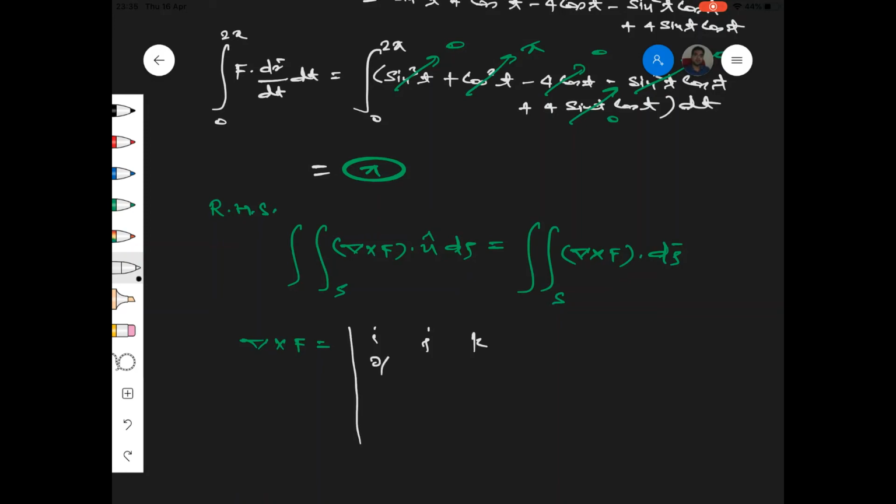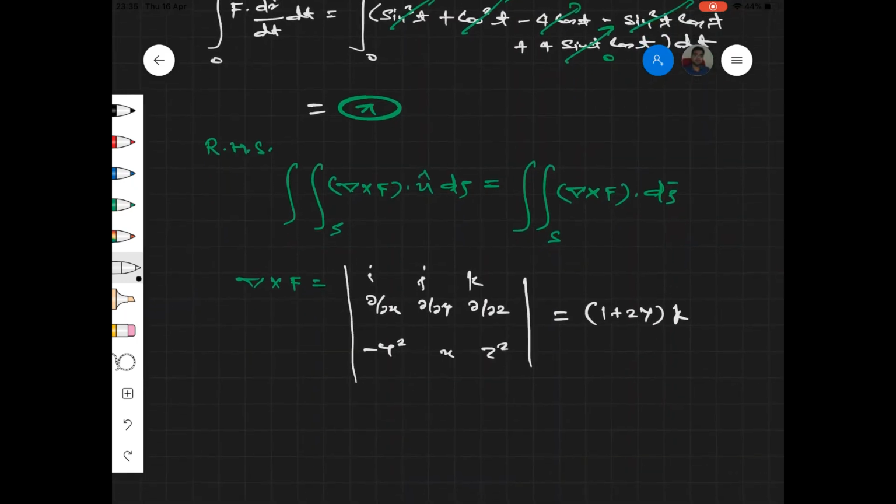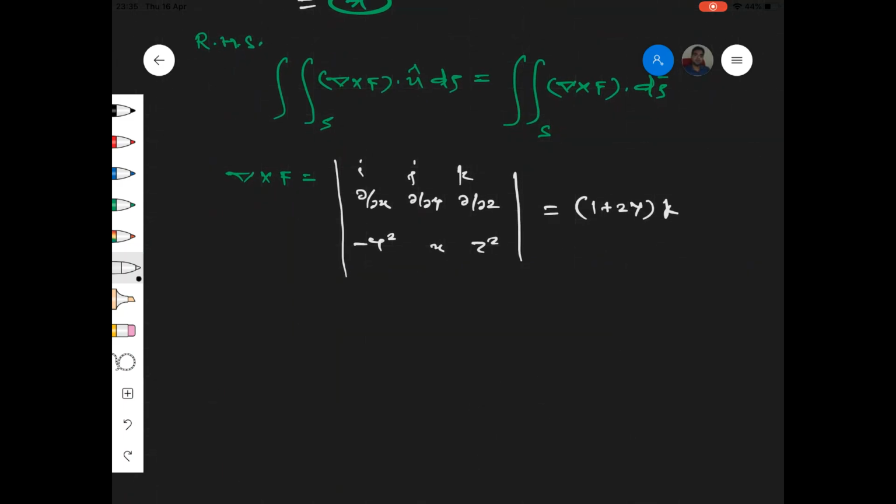So del x, del y, del z, and minus y square, x and z square. So once we solve it, we are going to get 1 plus 2y times k. So this is the value of the curl of f.